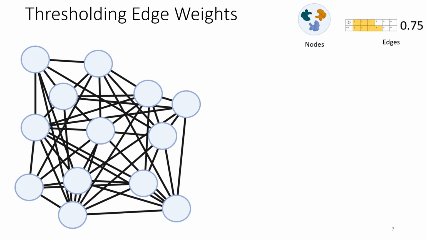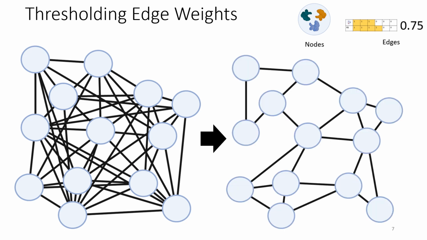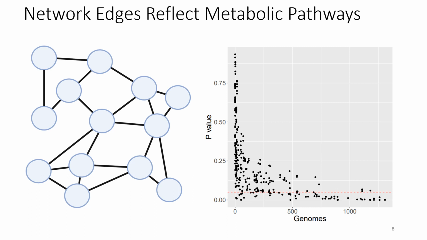Once we have constructed our network, our goal is to identify communities or groups of functionally related proteins which could represent possible bacterial pathways. We do this by first thresholding the edges in our network, removing extraneous edges between distantly related nodes. Here, we evaluate the unclustered network prior to community detection by determining if the edge weights connecting known bacterial pathways are significantly shorter than random.